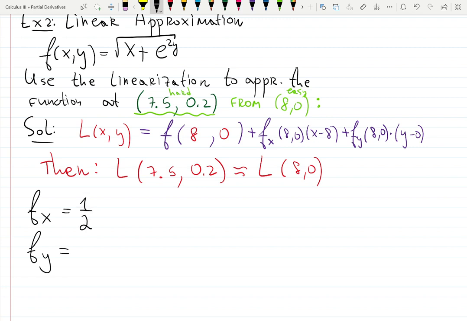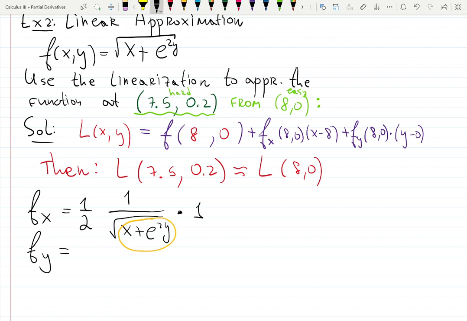One half goes down, 1 over the square root of x plus e to the 2y, chain rule times, and now the derivative of the inside function. With respect to x, what is the derivative of this? 1.